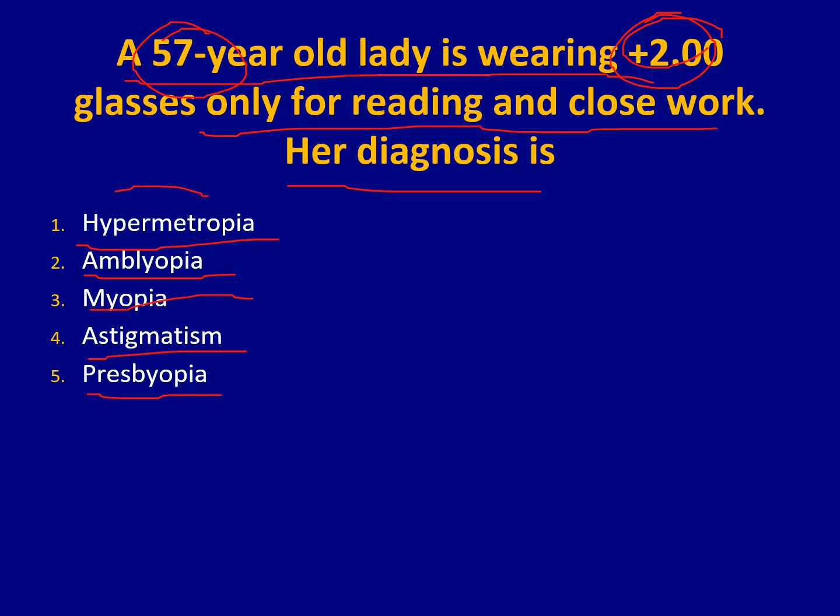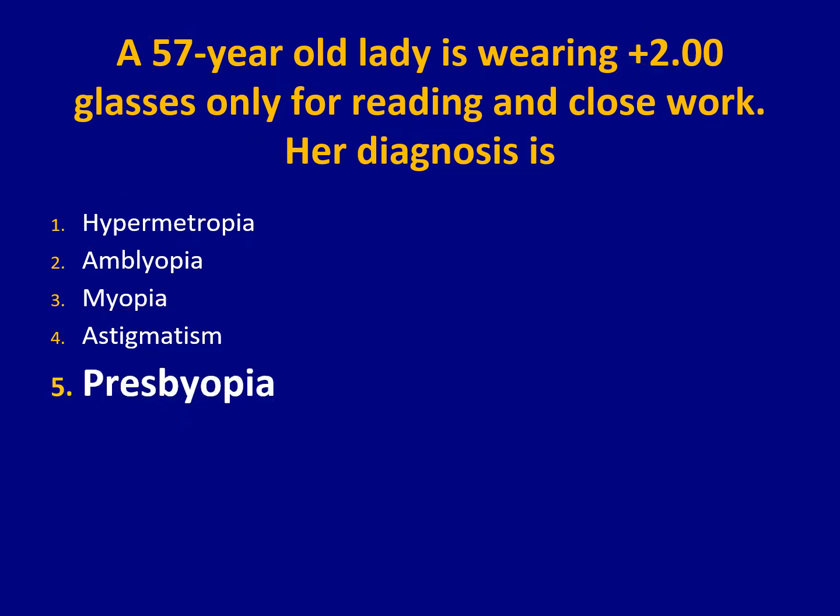Remember, both hypermetropes and presbyopes need plus glasses, but here, because the stem says the lady is wearing +2 glasses only for reading, which means presbyopia. So presbyopia would be the right answer.